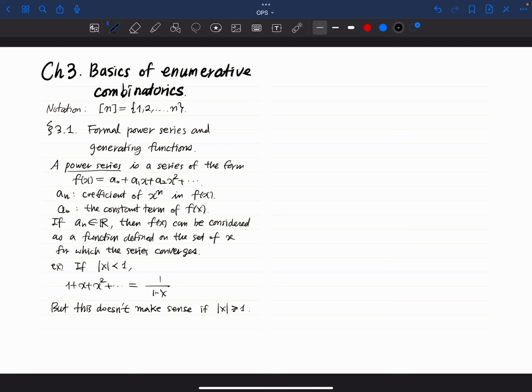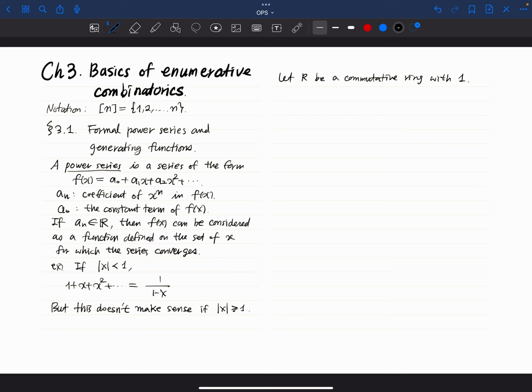So to define formal power series, we will first fix some notation. So let R be a commutative ring with identity. And if we want to divide some elements, we will often consider R as a field.